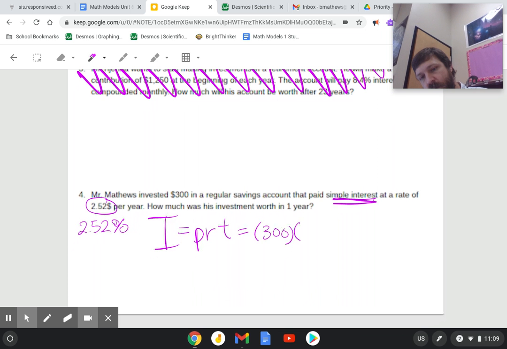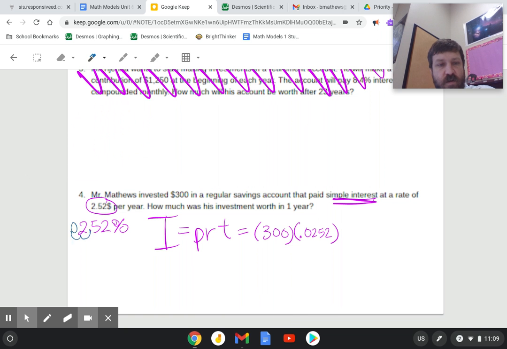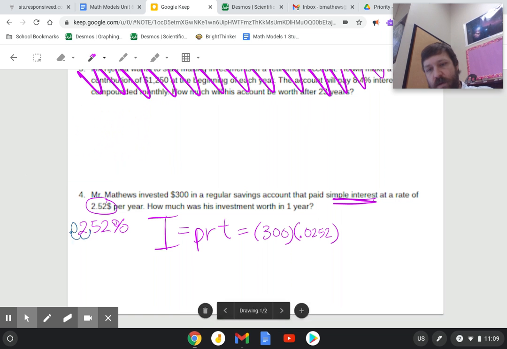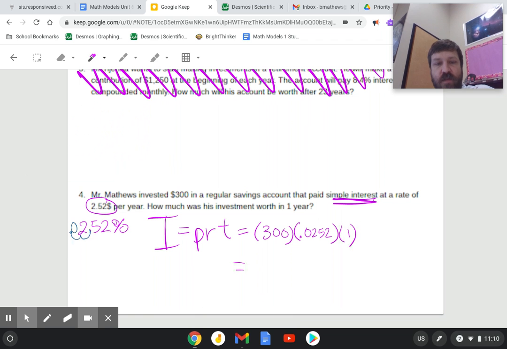R is the rate as a decimal, so it's going to be 0.0252. Again, I have to convert this into a decimal by moving the decimal point 2 places, adding a 0 to compensate for that space. And then T is going to be 1 year. So I just multiply those three together, and that will give me the amount for the interest. 300 times 0.0252.